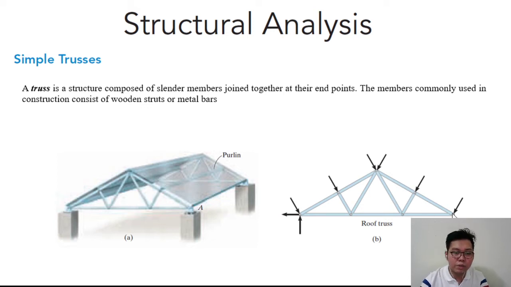And then, yung total members natin is ito, yung mga nagko-connect sa joints. So, ito, 1, 2, 3, 4, 5, 6, 7, 8, 9, 10, 11. Tama. So, 11 members.